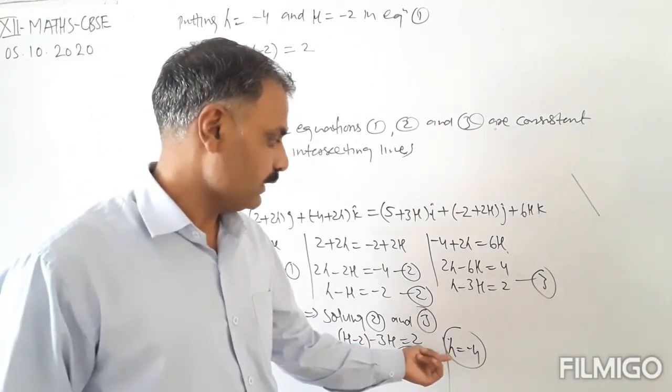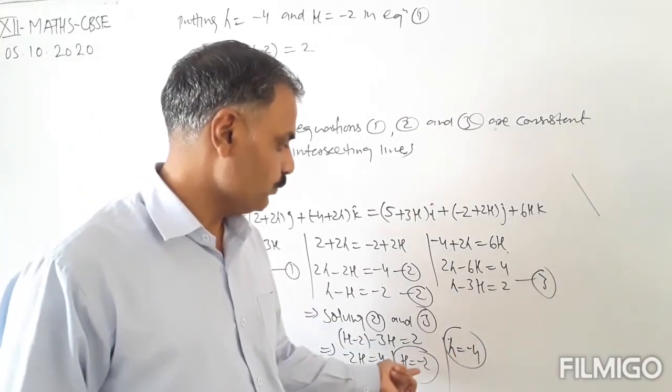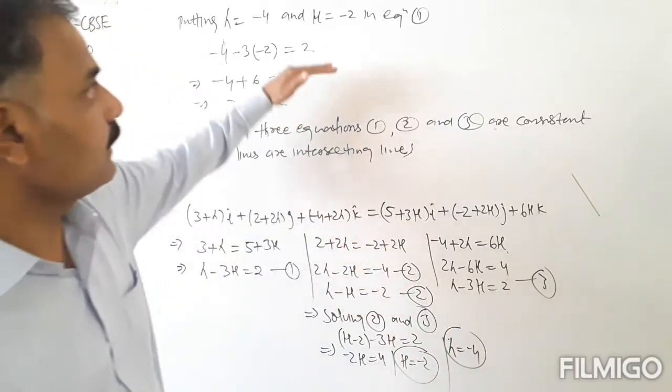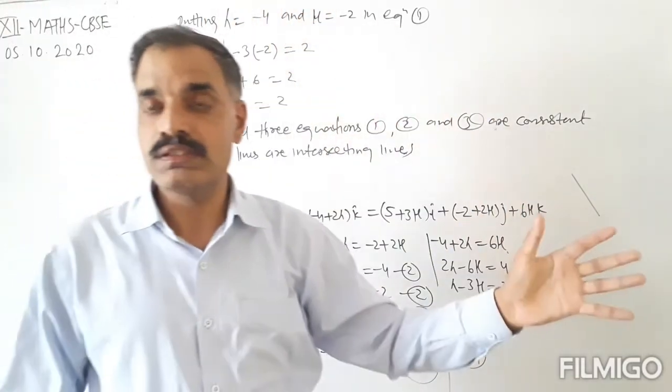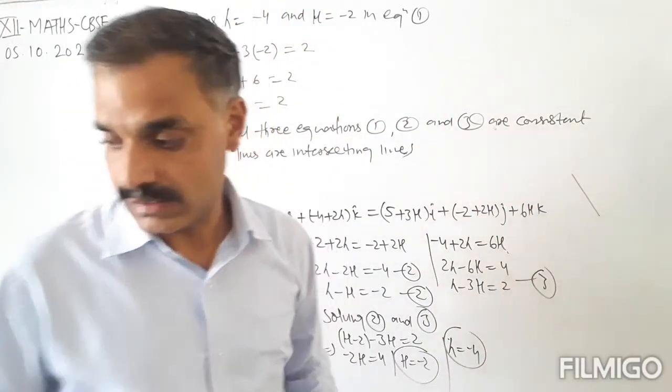So putting lambda equals -4 or mu equals -2 either in the given first equation or second equation.